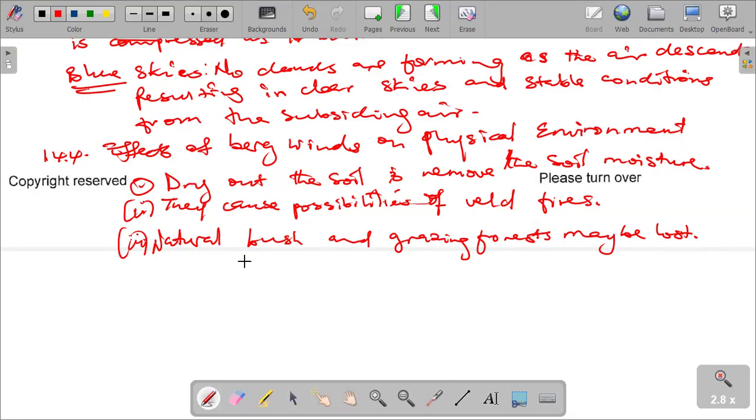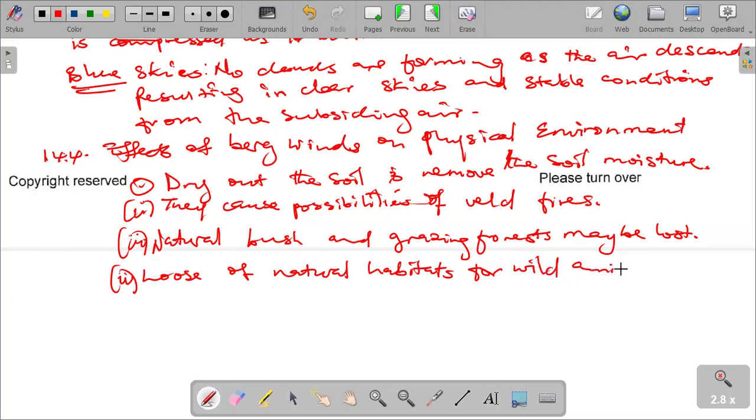We can also have loss of natural habitats for wild animals, hence affecting the natural ecosystem.